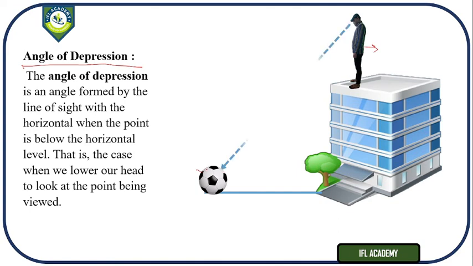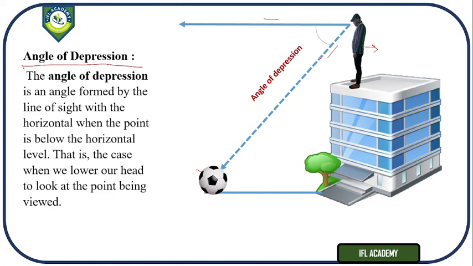So observer is looking at the ball along the line of sight. This is the horizontal line. So the angle between this horizontal line and line of sight, this angle is called angle of depression. So whenever we look at the object on the ground from the top of the building or tower, then the angle formed between horizontal line and line of sight is called angle of depression.